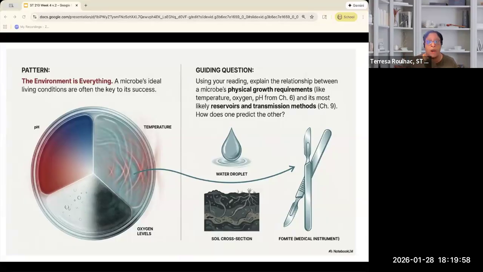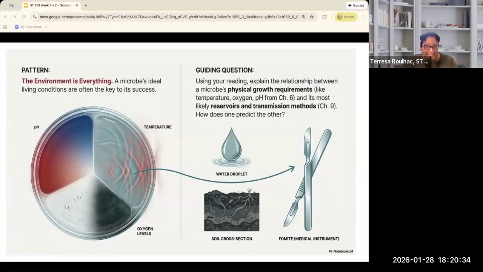Those preferences are not random. That's how they survive, that's their requirements for survival. If a microbe prefers moisture and, let's say, moderate temperature, would you expect to find it on a dry metal area or in fluids? This is how we start thinking and reasoning in microbiology. Exactly.